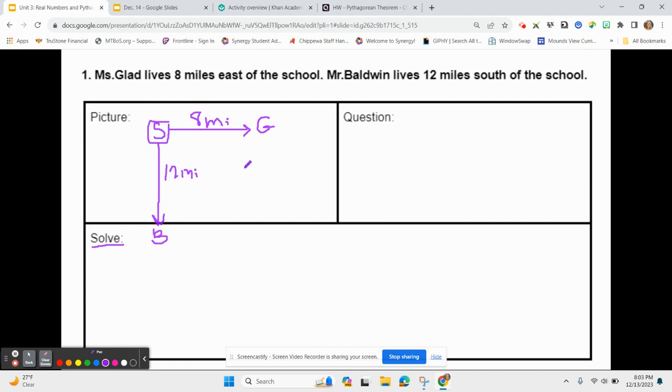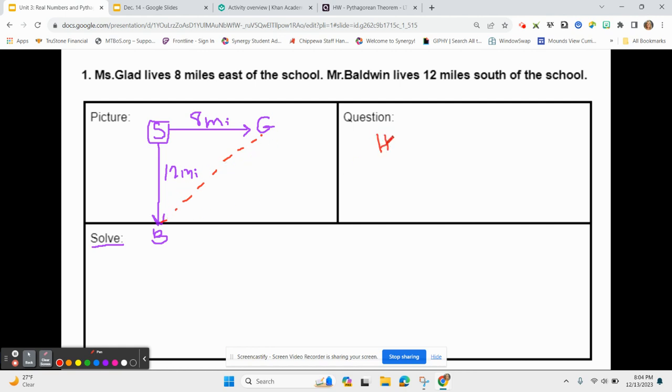So using this diagram, what would be a good question that we could wonder about the Glad house and the Baldwin house? Here's a hint. How far apart are they? Or what's the quickest way to get from Glad to Baldwin house?